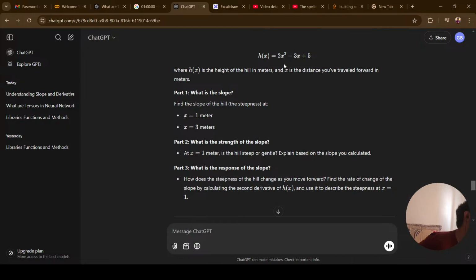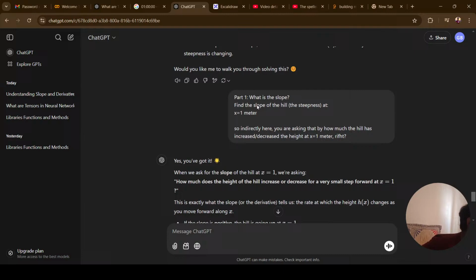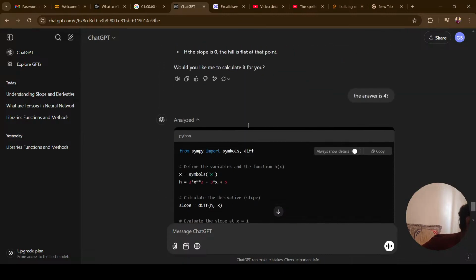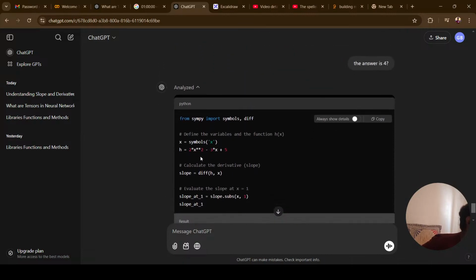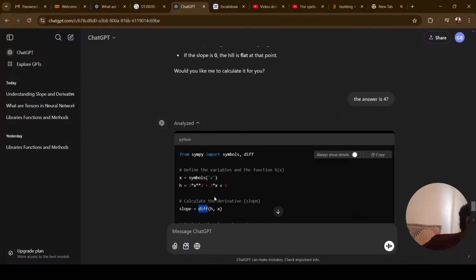We just have to differentiate: that is 4x minus 3, that is 4 minus 3, that is 1. But wait a minute, just a thing. Differentiation, calculate the derivative, it did this directly by itself.